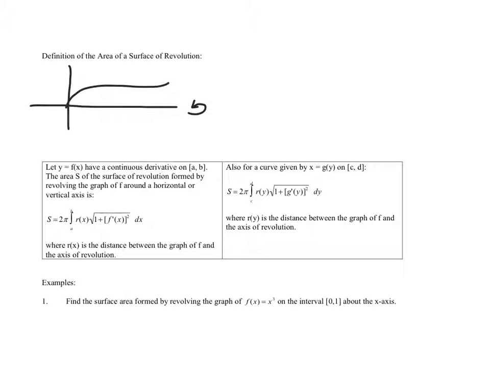Now, we have a sense based off of the last unit of what would happen if I spun this around and I was looking for volume. You talk about the disk method or cylindrical shells method, right? But now what we're looking for is the surface area. So I'm looking for a measure that represents the value of the outermost surface, not all the stuff contained within. But you still have to spin it.